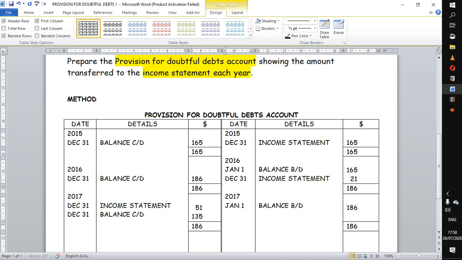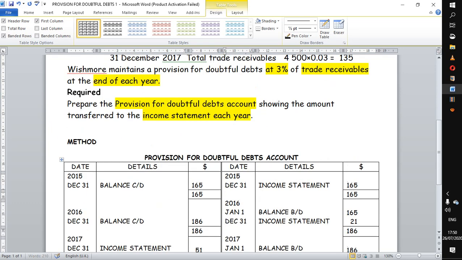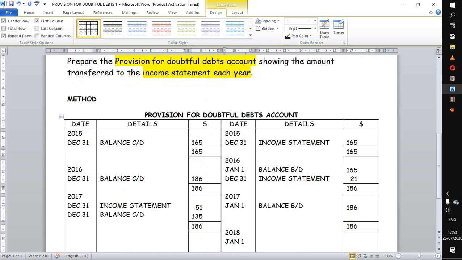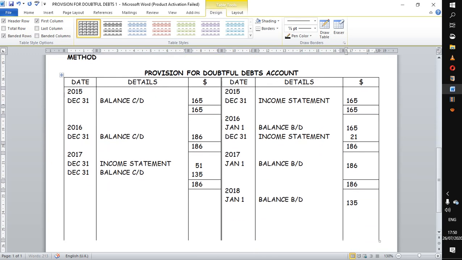So in 2018 we are starting with a balance on January 1 of 135, which is the new balance in that account.